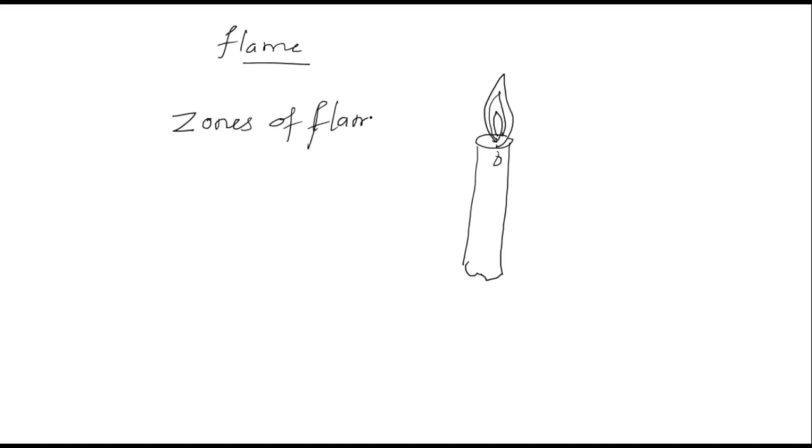And this is a very important question. Expect this question in the exams, to draw the diagram of parts of flame and label it properly. Well, let us draw zones of candle flame. When you draw this, you have to properly label it. So let us discuss that.